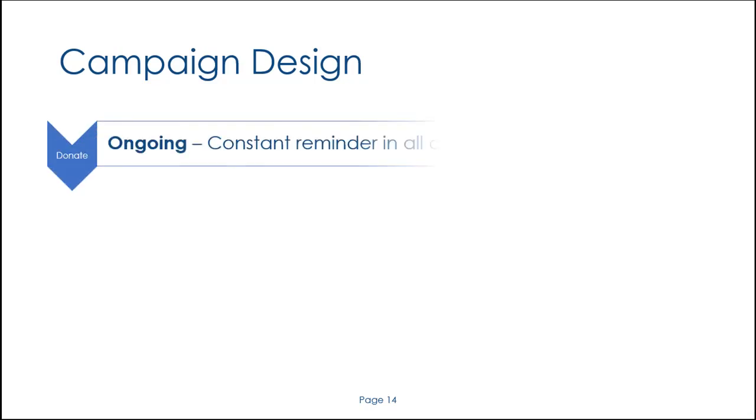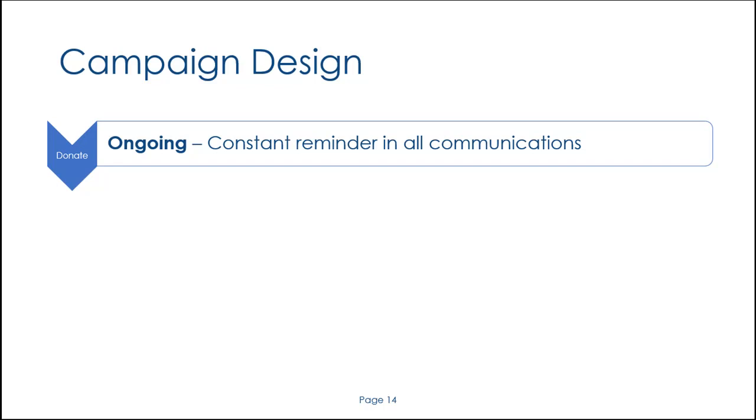So let's look at the campaign patterns and campaign design you could use for the different sorts of communication I've been talking about up until now. If you're talking about general donations, this is an ongoing process. So having a donate button on your website or everywhere that you communicate is an ongoing and constant reminder, and making it easy and frictionless for members in any target stakeholder category to donate money as simply and easily as possible.